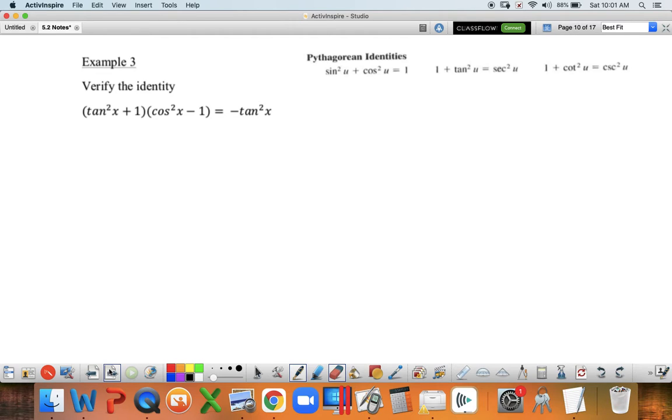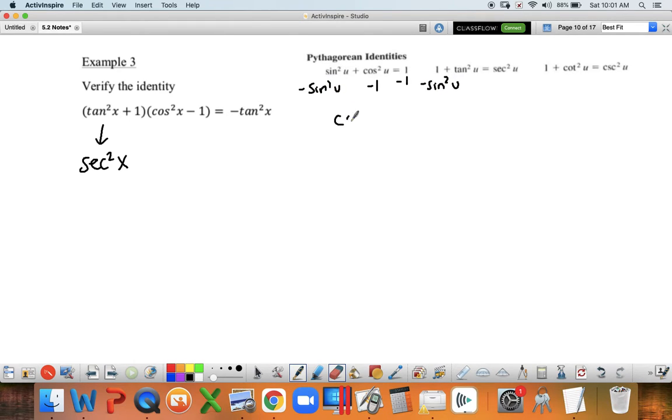All right, we got a lot going on over here, right? Notice, the left-hand side looks more complex, so I'm going to start with that, but I notice right away that tan squared x plus 1, well, that's just going to be secant squared x. And cosine squared x minus 1, so if I subtract 1 and move this over, then I have to subtract the sine over.